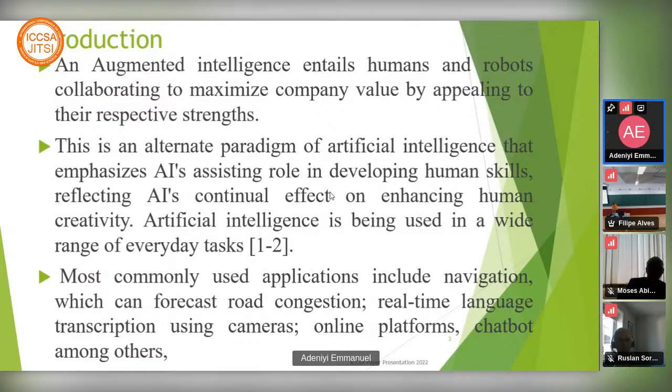To do this, this study uses what we call augmented intelligence, which entails humans and robots collaborating to maximize company value by appealing to their respective strengths. This is an alternative paradigm of artificial intelligence that emphasizes AI's assisting role in developing human skills, continually enhancing human creativity. That is, artificial intelligence is being used in a wide range of our everyday tasks as we go about our day-to-day activity.